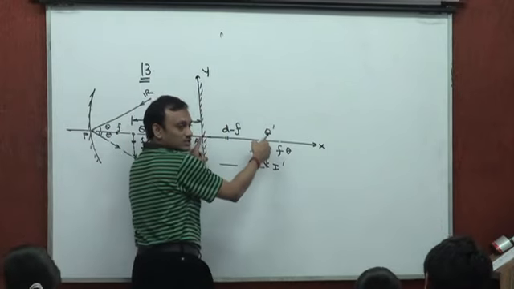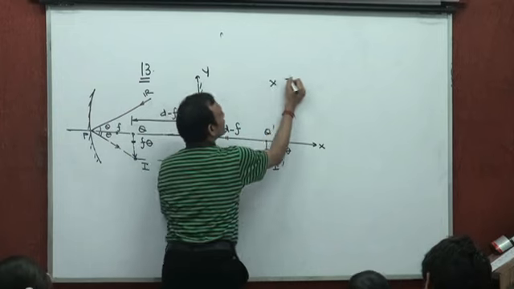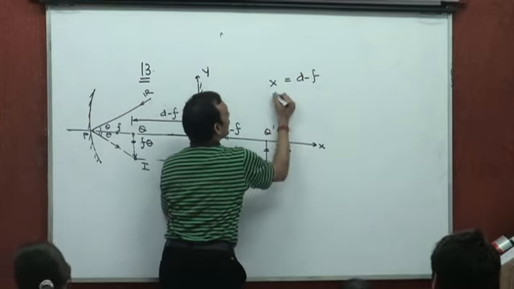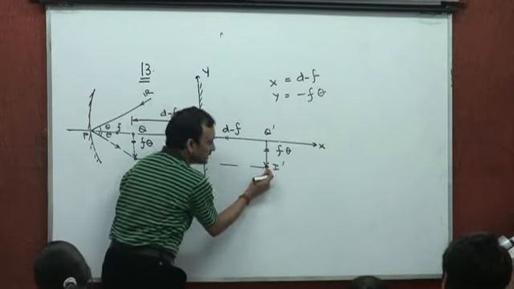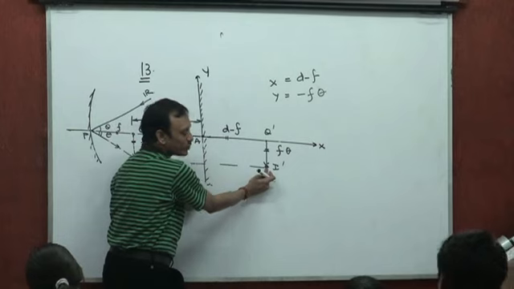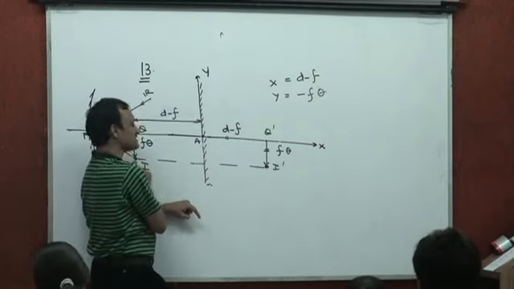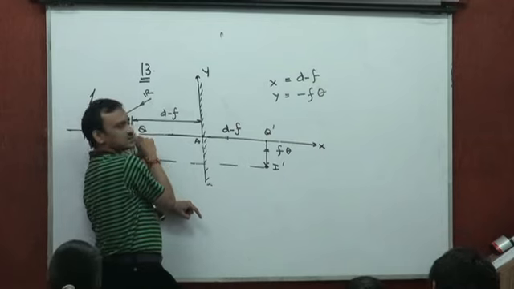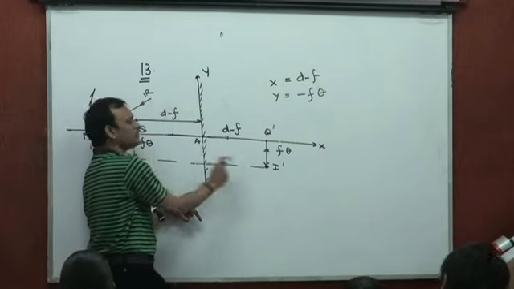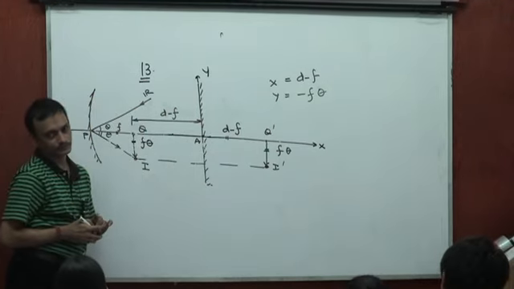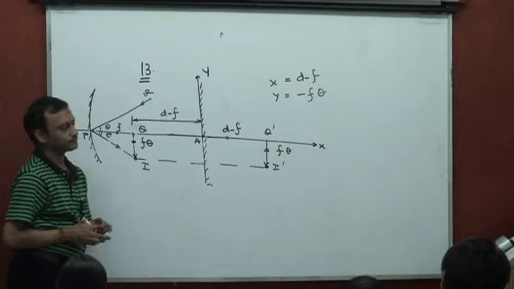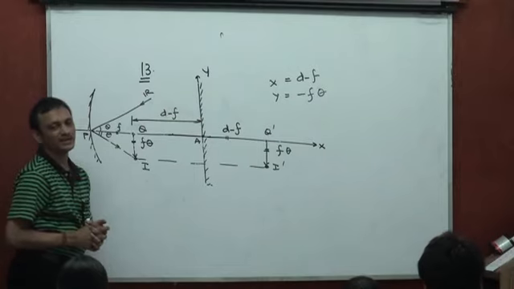So x would be d minus f, and y would be minus F theta. We are seeking the coordinates of I prime, because I is really the object, we just imagined an extended object. I prime is really the image of the point object I.